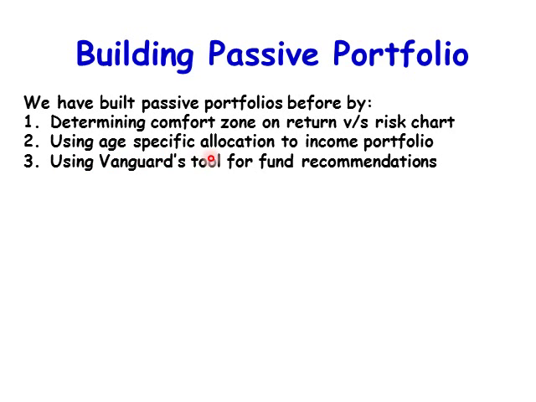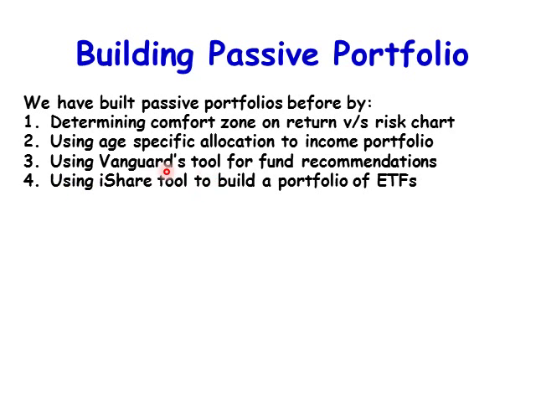We also used Vanguard's tool for fund recommendations, where we entered our risk tolerance and time horizon, and the tool recommended our passive, risk based portfolio. We can also use the iShares portfolio builder tool, which builds a portfolio of ETFs, still using the user specific risk tolerance.